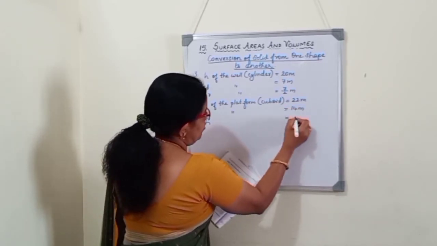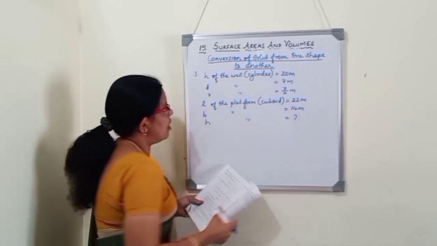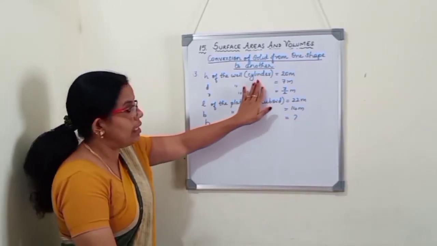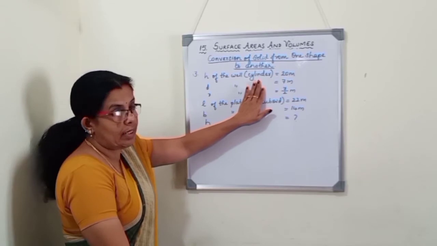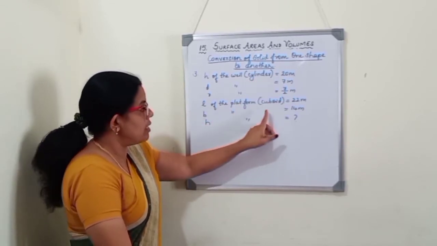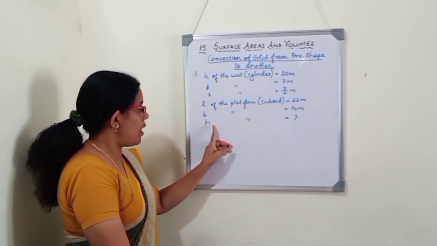So the mud from the cylinder will be taken out and arranged in the form of a cuboid. We want to find the height.